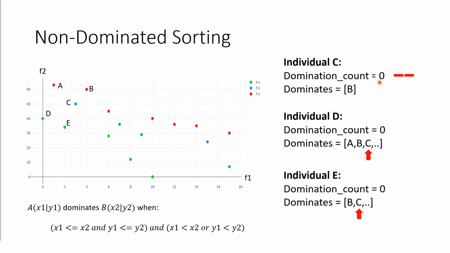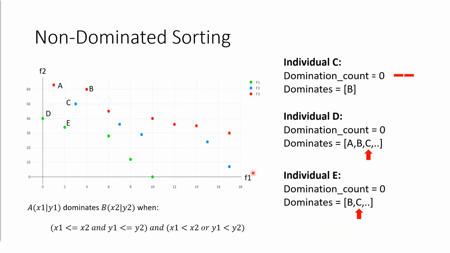Doing this for every individual belonging to one of these lists from the first front, we find front number 2 by taking all individuals having a domination count of 0.